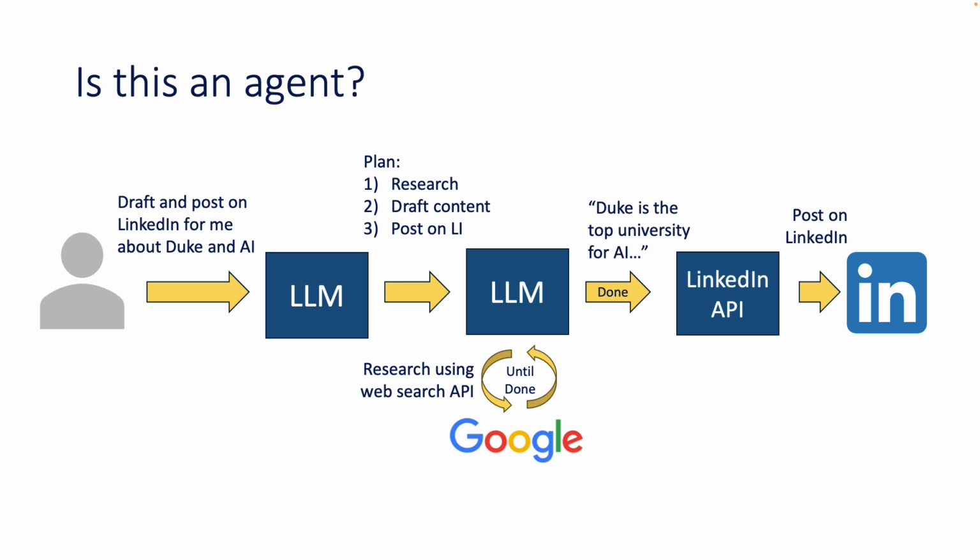In an agentic setting, this would then trigger a series of steps. So the first step would be to come up with a plan. The first part of the plan is do some research. The second part of the plan is draft content. And the third part of the plan is post on LinkedIn.